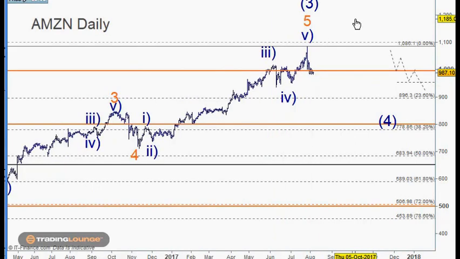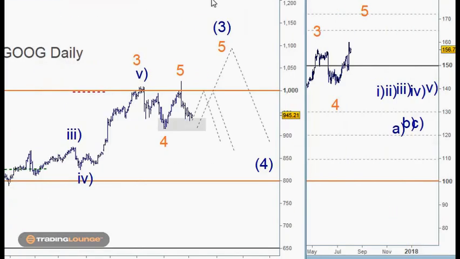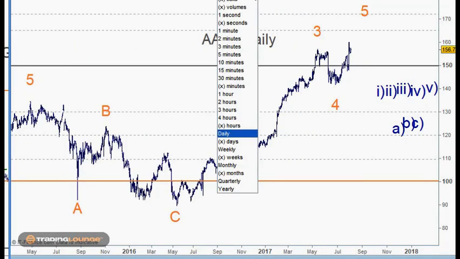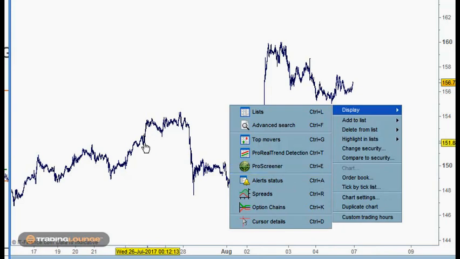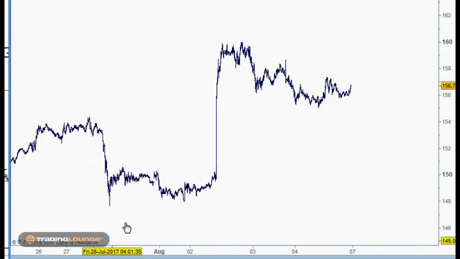I'm just going to double check this as Apple on the tick chart here. Right. Just check the cash market with this too.